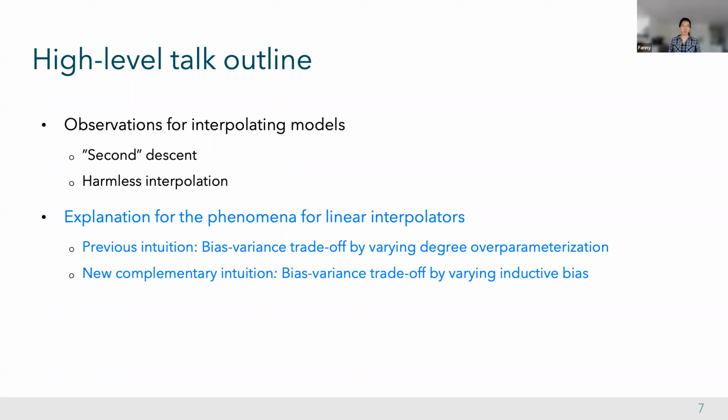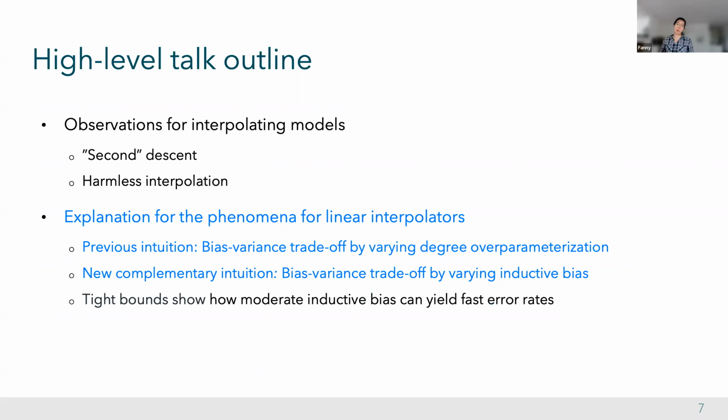And I will define what we mean by inductive bias in the next few slides. After that, I will support this high-level story with some concrete bounds that show how well we can actually trade off bias and variance by finding an inductive bias that is moderate.